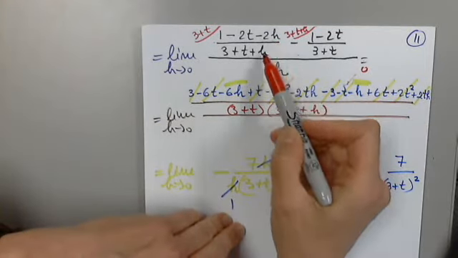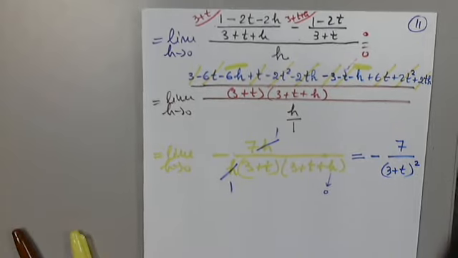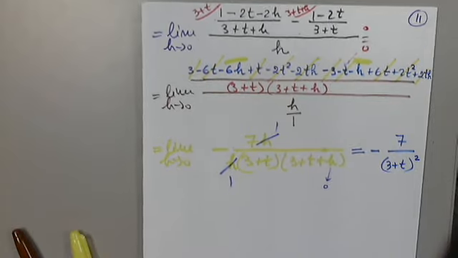So 1 minus 2t over 3 plus t, minus 1 minus 2t over 3 plus t, what is the top? 0. So it's an indeterminate case, 0 over 0. There is hope. Got it? There is hope. And the limit exists. Indeed, it's negative 7 over 3 plus t, everything squared.